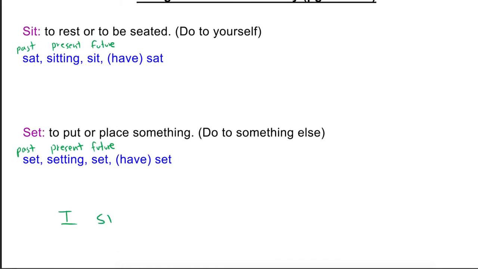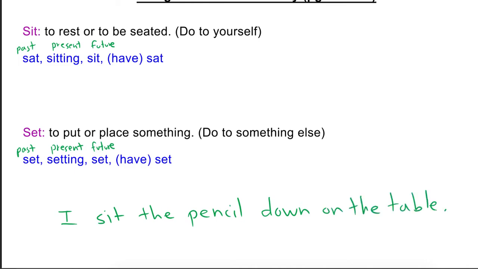I sit the pencil down on the table. You can't say that because for sit, it's something you have to do to yourself. If you're talking about laying something else down or setting something else down or putting something else down, you would use set.